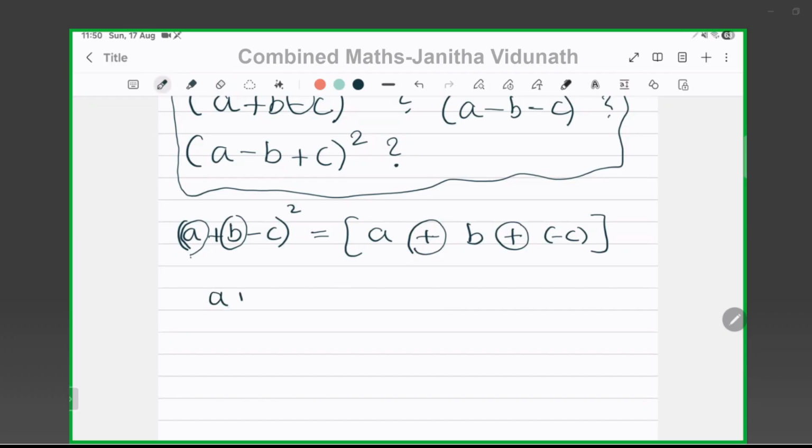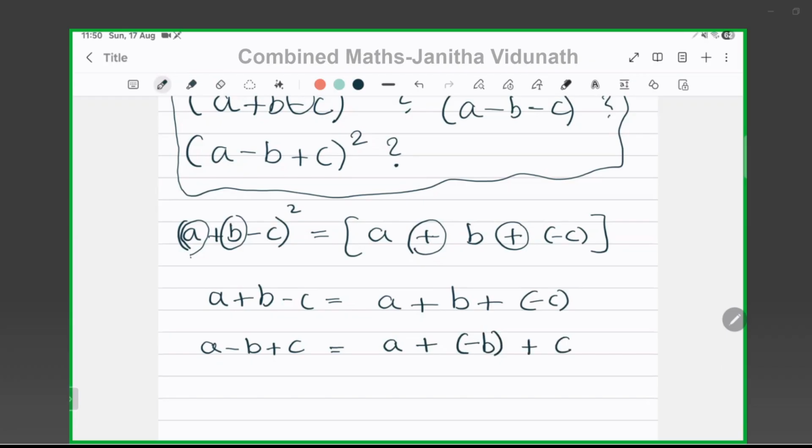Here we can think of a + b - c as a + b + (-c). If they give a - b + c, then we can think of this as a plus second term as minus b, plus third term.